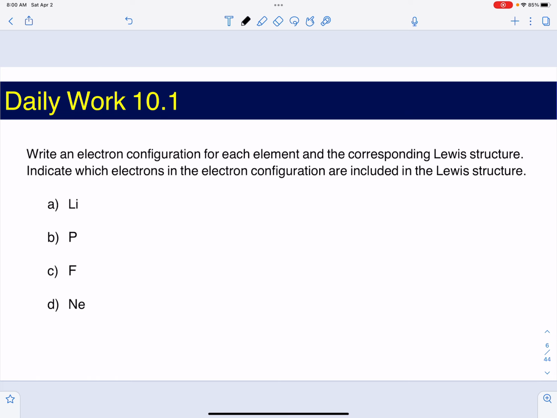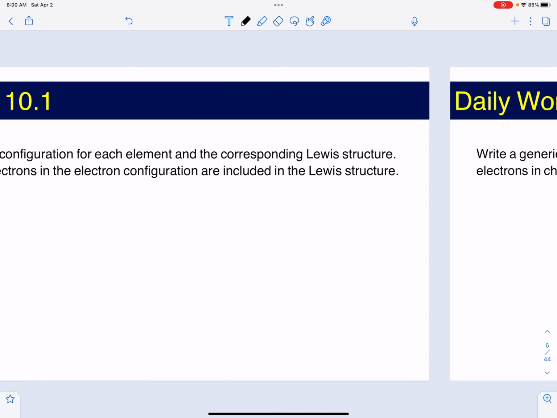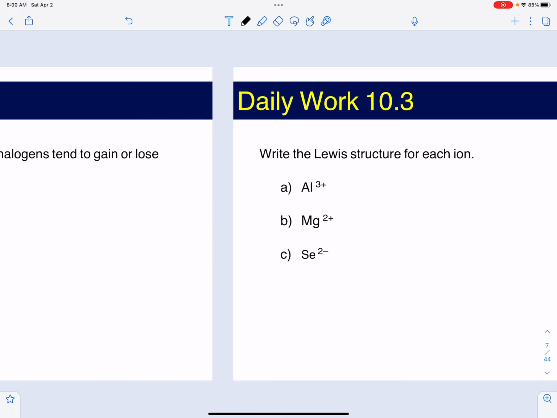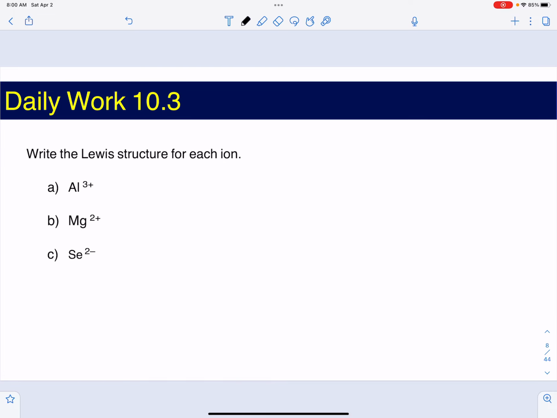So now you're ready to do this daily work. And once you do that, you can probably work on this one also. And on that one also. So you already have what you need to be able to tackle these concepts.